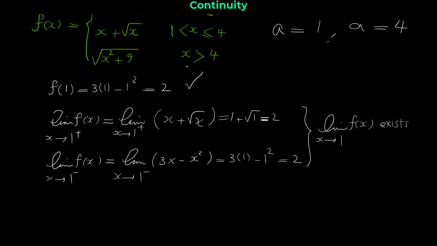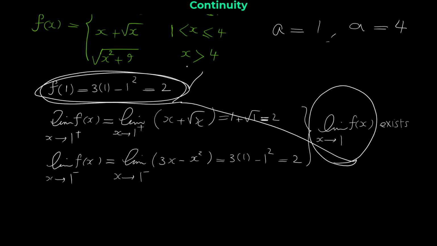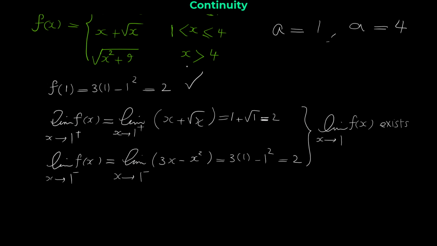Finally, we have to check the last step. What was the last step? The last step is to check to see if the limit is equal to the value or not. The limit exists and it is equal to 2. And the value is also 2. So the third condition of continuity, which is that the limit of f of x when x approaches 1 should be equal to f of 1, is also satisfied by this function.